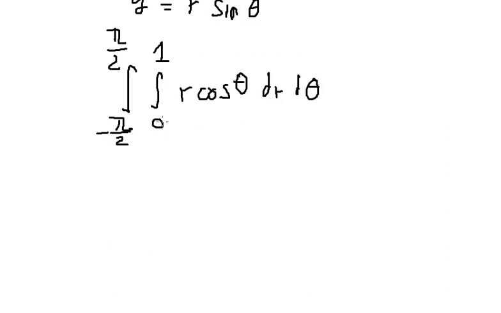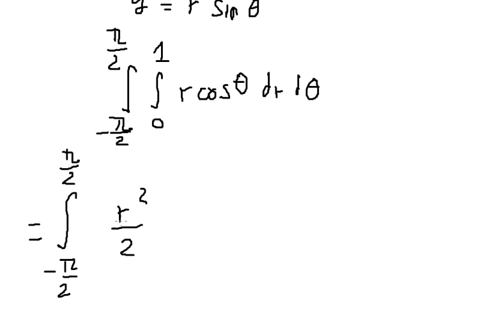Now we need to calculate this one. The integration of r gives r squared over 2. And we put the bounds from 0 to number 1. And I will put cosine theta in here.